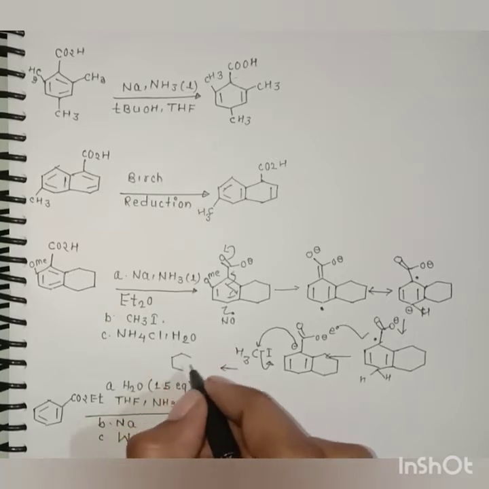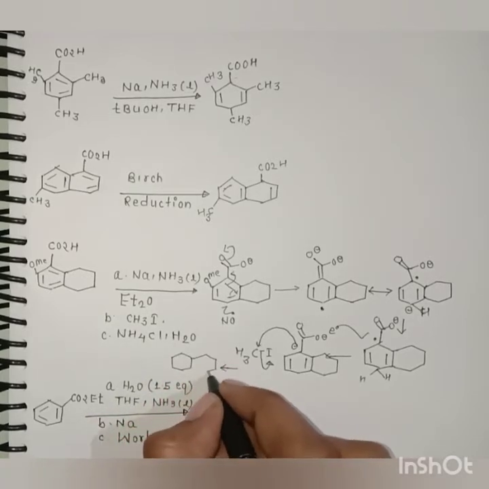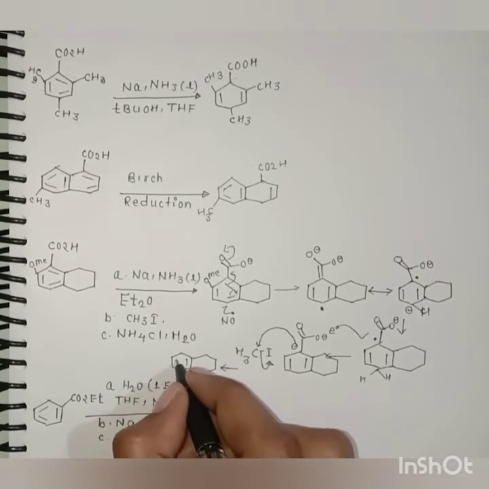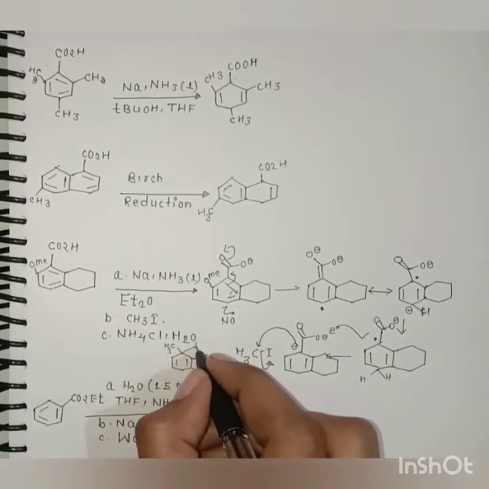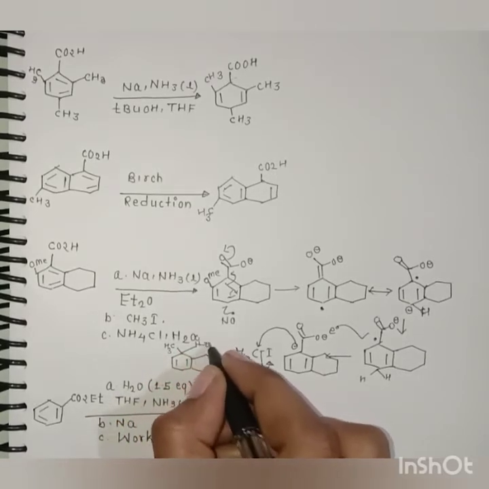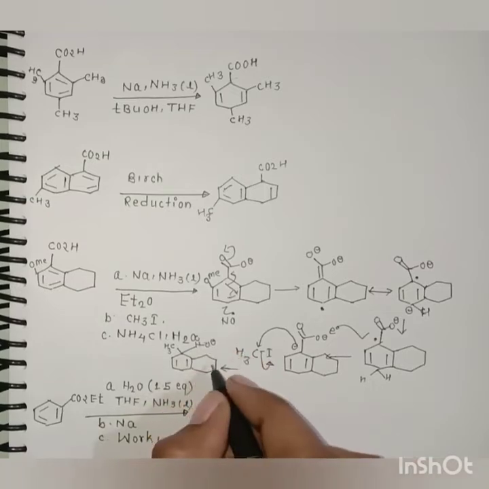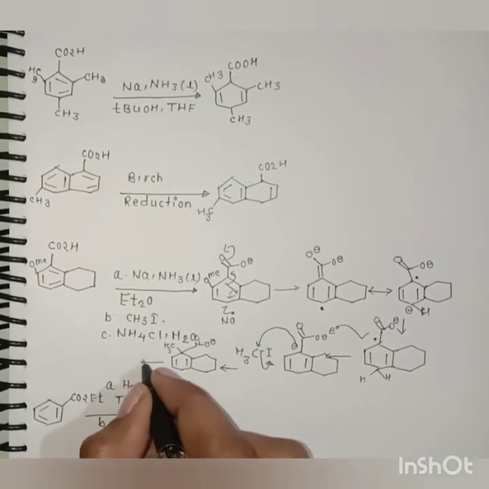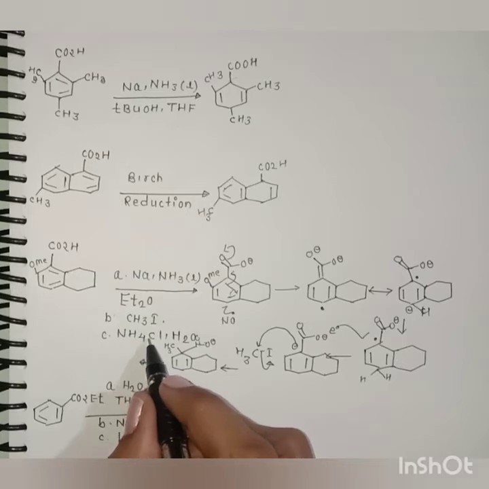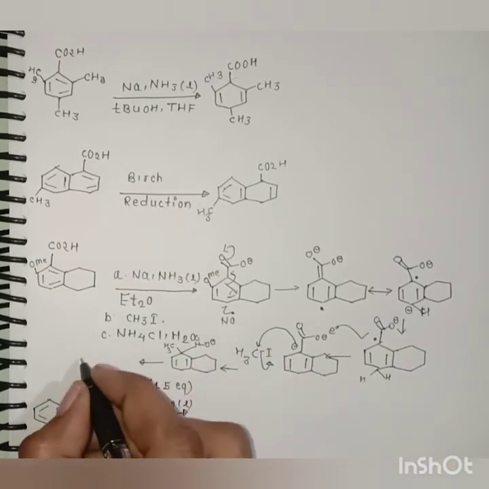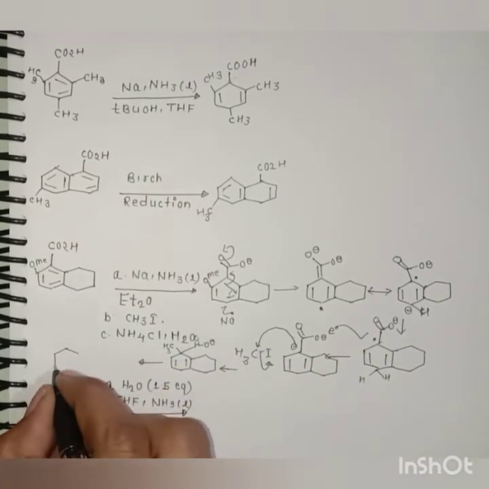And we get here the methyl group, that is the alkylation takes place. And again the NH4Cl is given, which is the workup condition.